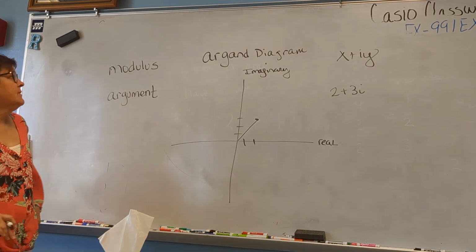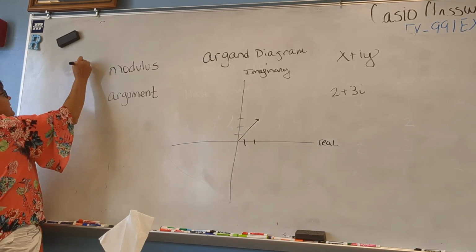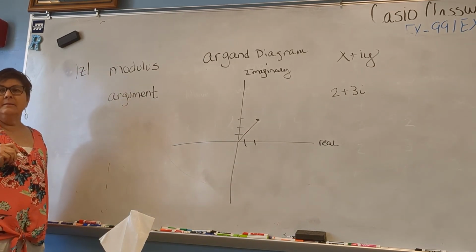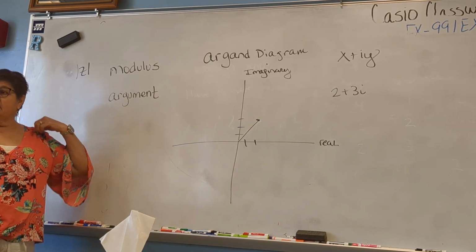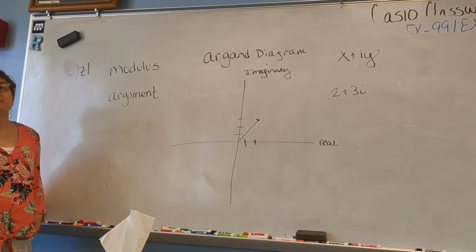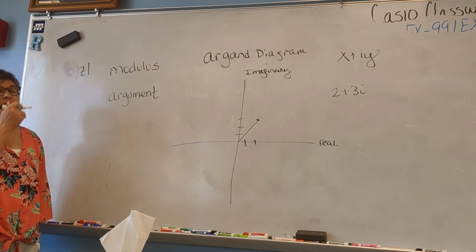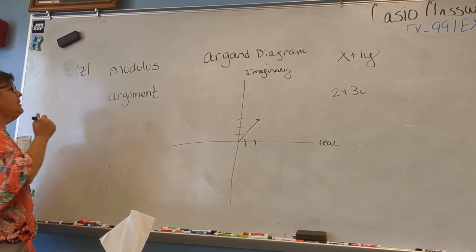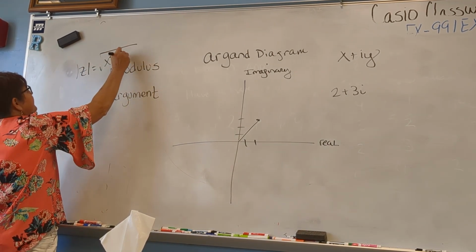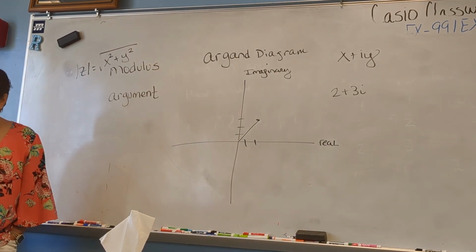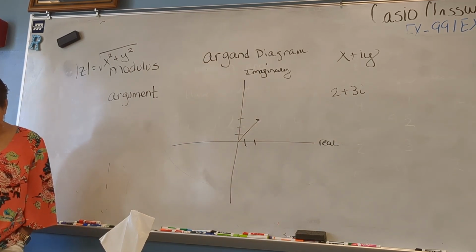The modulus is really the distance from your point 0 to, in this case, 2 plus 3i. The way you do it is you take the square of each of the numbers, add them up, and then take the square root of that.